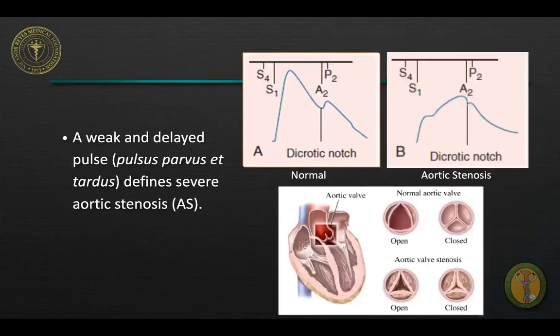The following slides will show you abnormalities of arterial pulses. Please take note of the diagram for the normal arterial pulse versus the abnormal pulse. First is a weak and delayed pulse, pulsus parvus et tardus, which defines severe aortic stenosis.